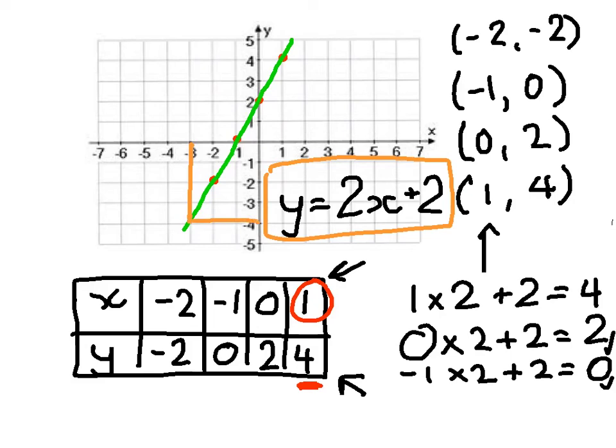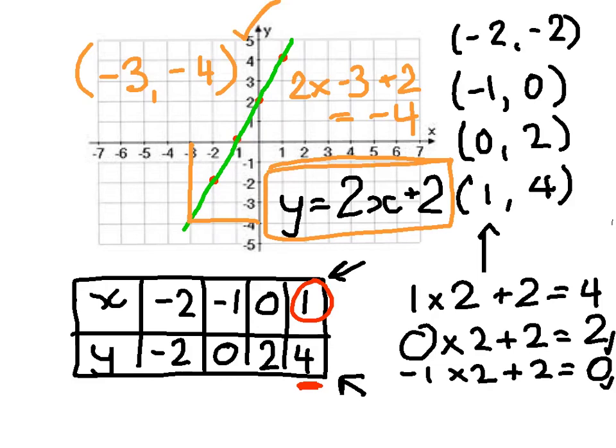It's telling me that the x value would be -3, and the y value would be -4. Okay, let's put that in. So it would be 2 times -3 plus 2, which would equal 2 times -3 is -6, plus 2 is -4. Woohoo! And here's my general rule.